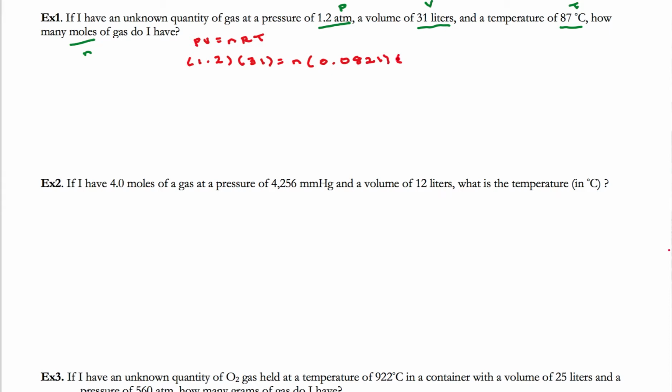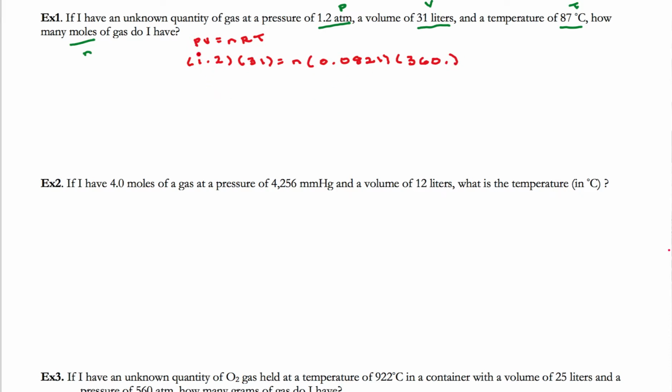And so what I need to do is I need to take 87 and I need to add to that 273 to convert into Kelvin, just like we did before. And what I get here is 360. And I'm going to make that 360 point simply because when I round this value, I want to make sure I have no decimal places, but I want all 3 of these digits to be significant.